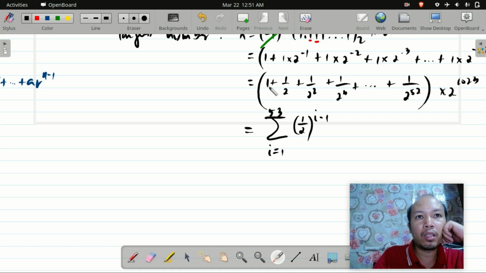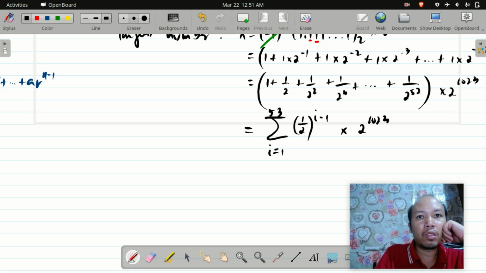So we have the first term here. For the second term, when i is equal to 2, 2 minus 1, we have 1/2. When i is equal to 3, we have 1 over 2 square. Up to the last term, we have 53 minus 1 is 52. Let's say times 2 to the 1023.